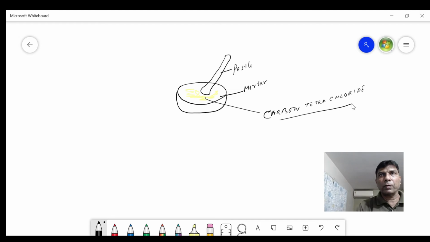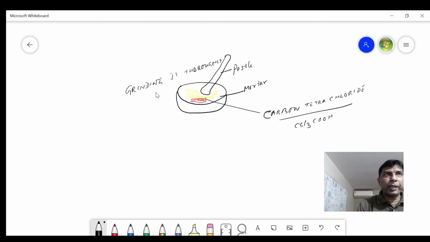What is the formula of carbon tetrachloride? It is CCl3COOH. Then we have to take a tissue, maybe plant or an animal, whatever it may be. We have to take a tissue and then grind it thoroughly.